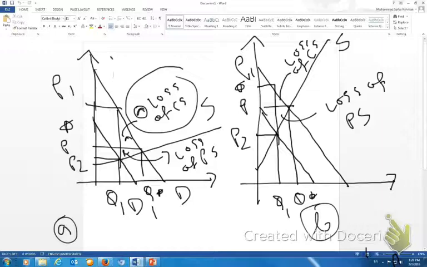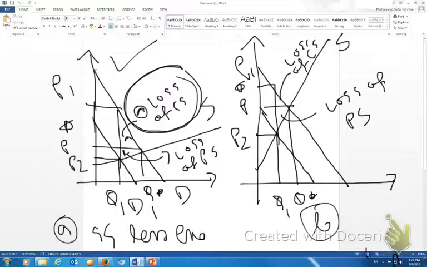In graph A, our loss of consumer surplus, the upper triangle, was larger than the lower triangle. So when supply was less inelastic, our consumer was paying a larger share of the tax burden.